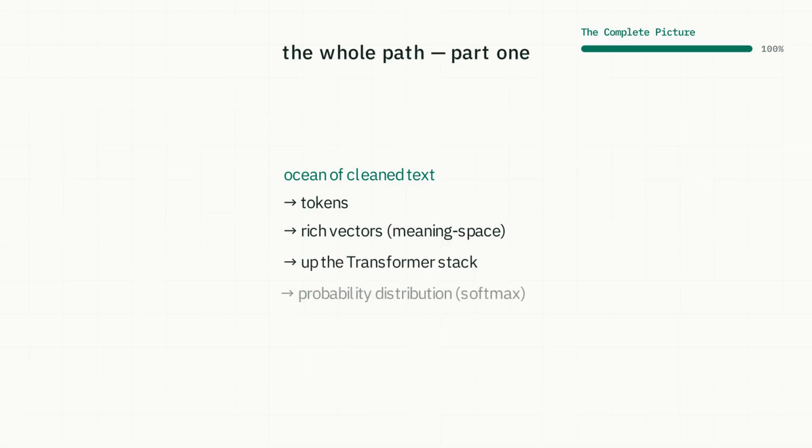Let's retrace the entire path from nothing to a mind. We started with a colossal, carefully cleaned ocean of human text. We chopped it into tokens and turned those tokens into rich vectors in a meaningful space. We fed them up through a deep stack of transformer layers, where attention let tokens share context and feed-forward layers did the thinking. At the top, the model produced a probability distribution over the next token via the softmax.